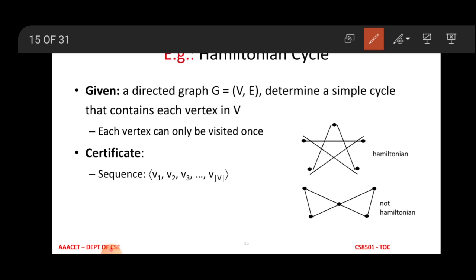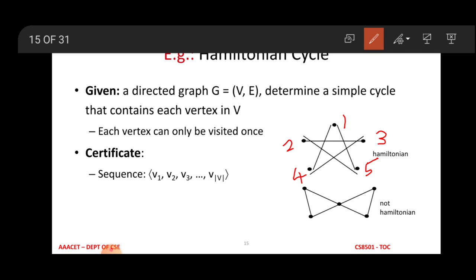So consider this is 1, this is 2, this is 3, this is 4, and this is vertex number 5. Here we can connect 1 to 4, and also we can connect 1 to 5. Next we can connect 2 to 3 and 3 to 4, and 2 to 5. So here all the vertices are visited only once. So this is an example for a Hamiltonian circuit.